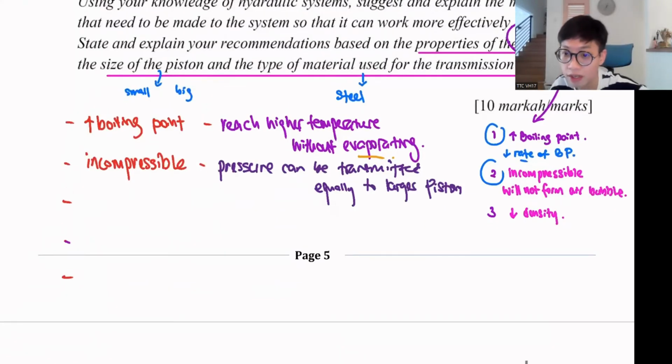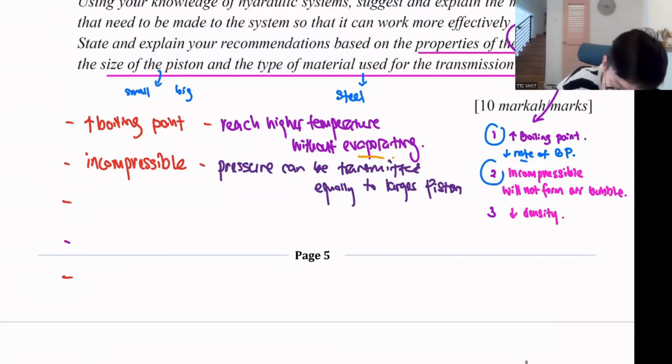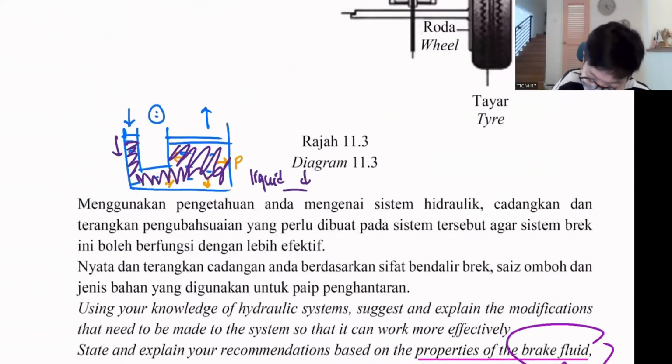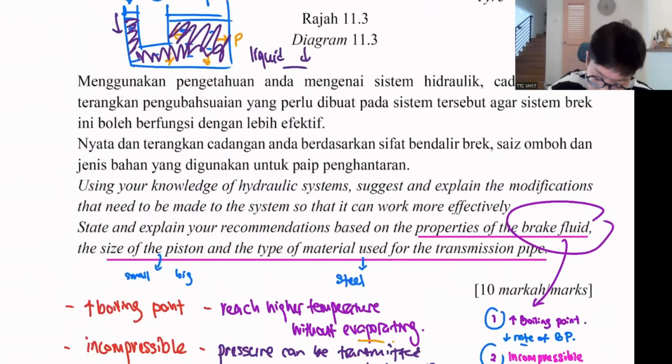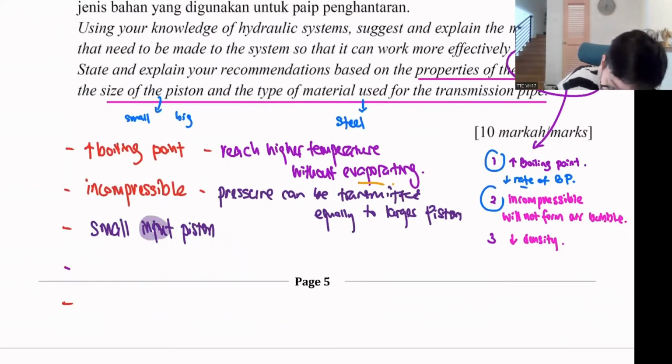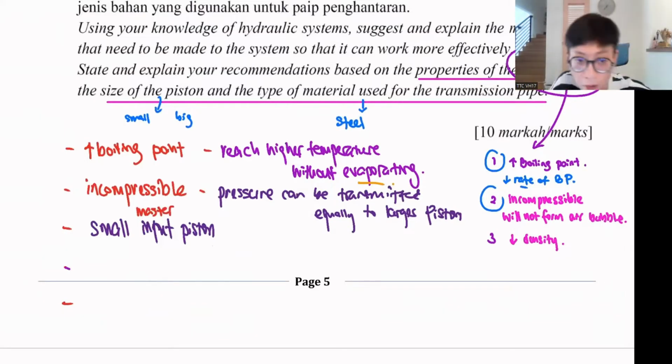All right. Now, guys, people who came in late. Okay, the third one. I'm just going to go very fast because for the third one, we have this thing called the small input piston here, or they say master piston. So we follow back the question, so we say small master piston.